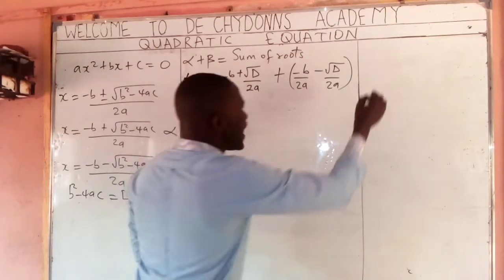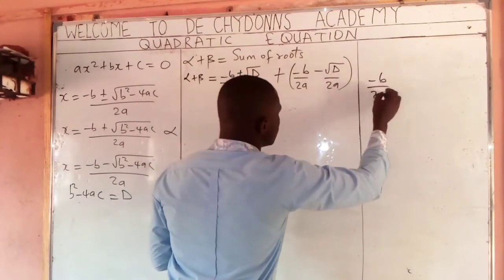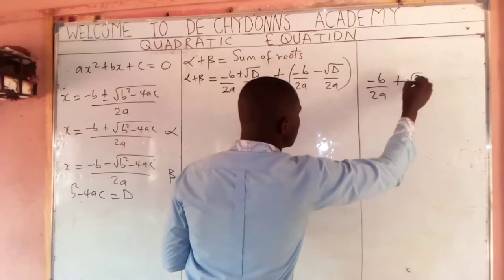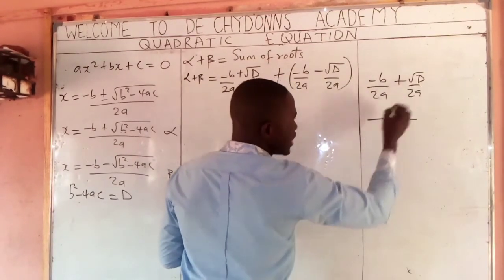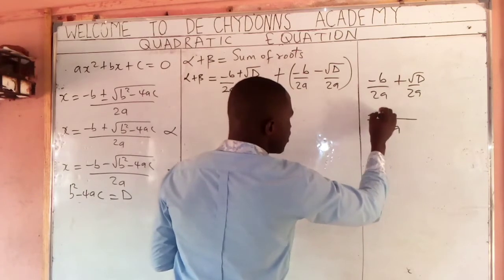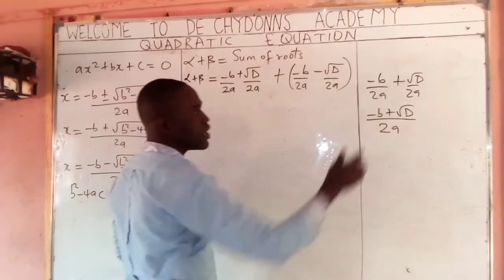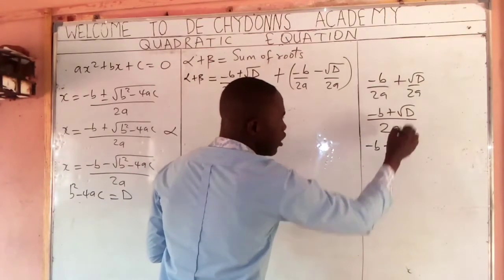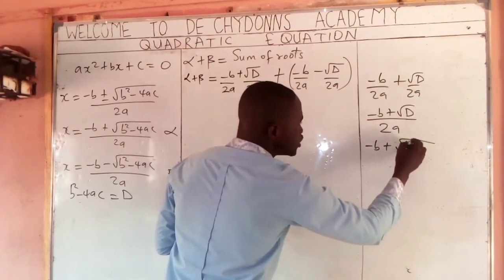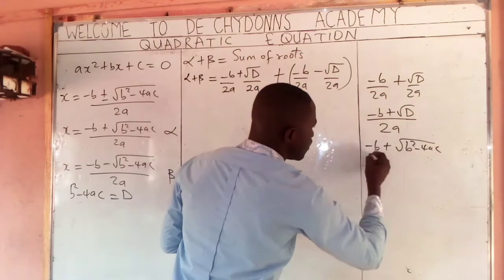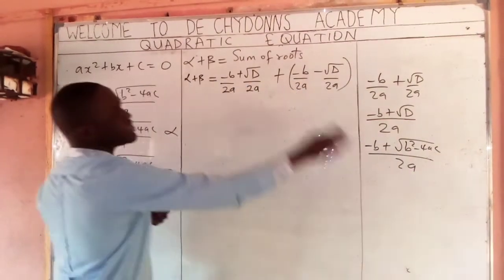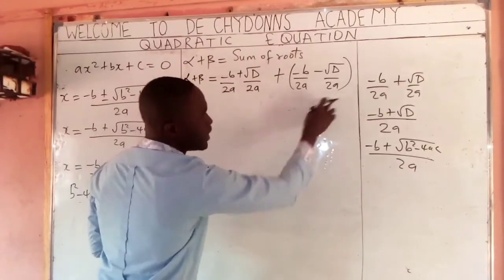Please note that minus b over 2a plus root D over 2a, the LCM is 2a, minus b plus root D, this over this gives you back this. Then for the D, D means b squared minus 4ac all over 2a. That is how I got what I am writing here.